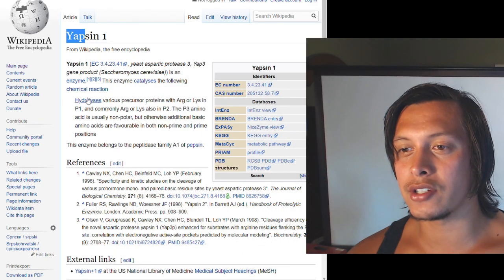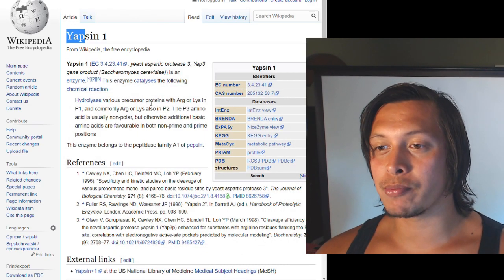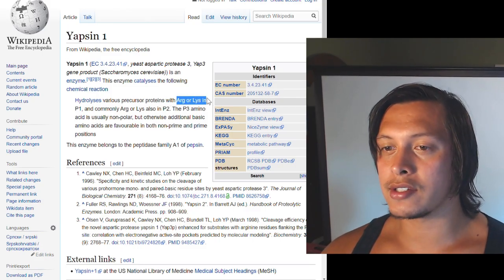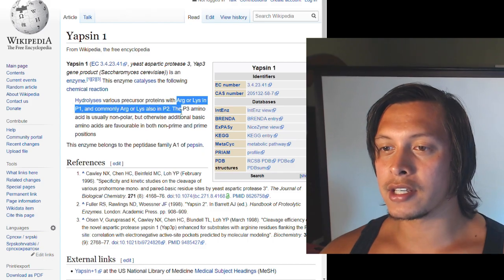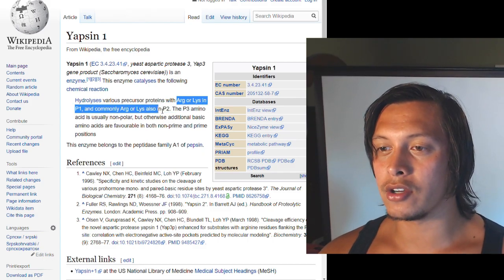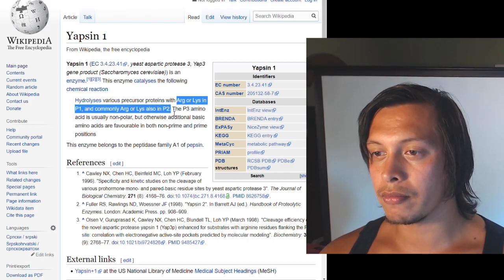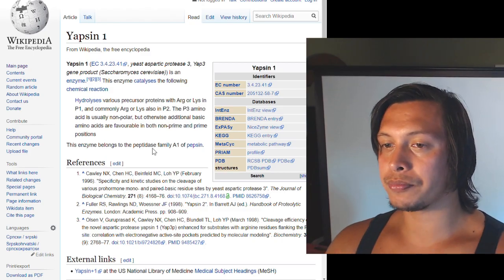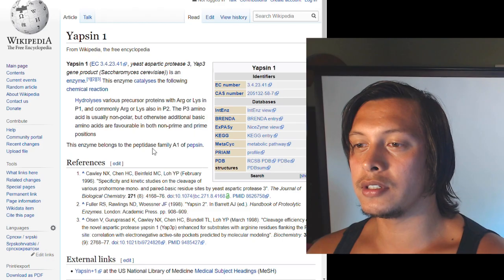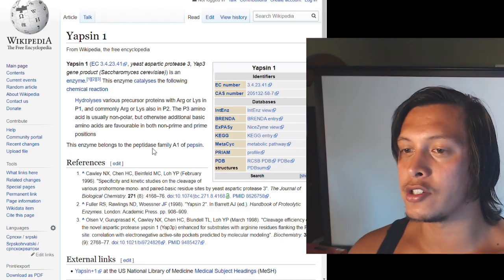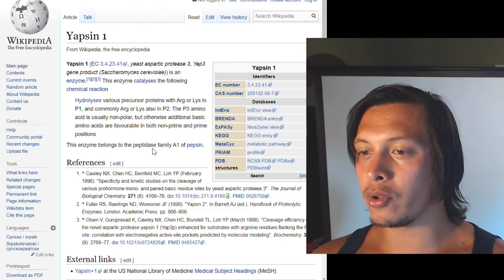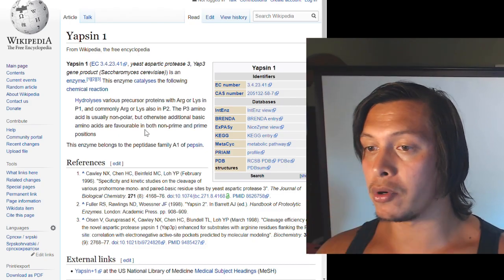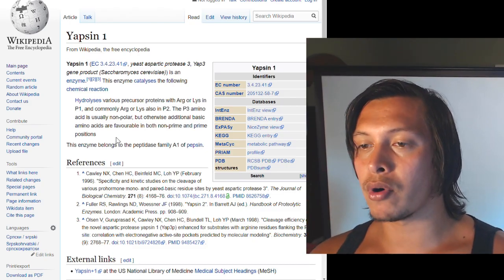So it hydrolyzes various precursor proteins or peptides with arginine, lysine in P1, and commonly arginine or lysine also in P2, or position 2. So the P3 amino acid is usually non-polar, but otherwise additional basic amino acids are favorable in both non-prime and prime positions.